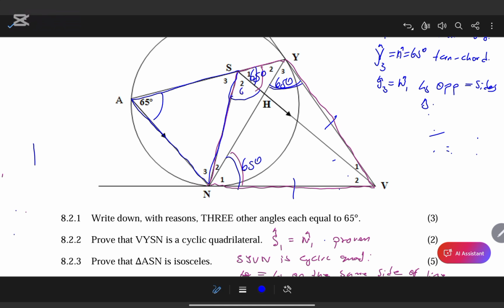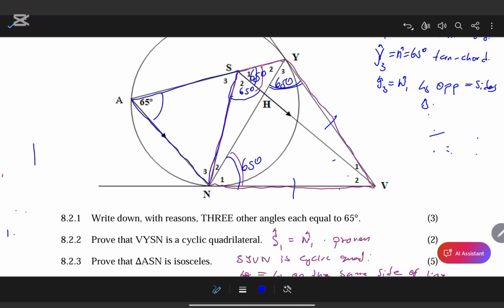So angle S2 is also 65 degrees. Now, if angle S2 is 65 degrees, now look at this angle. Angle NSY is the exterior angle of triangle ANS. Now, what is the size of angle NSY? The size of angle NSY is 130 degrees.